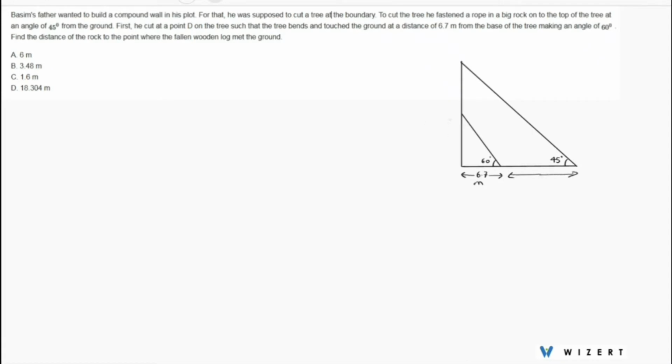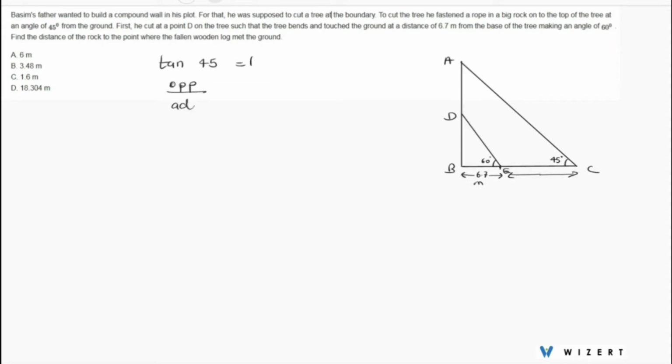Now let's name this. This is D. Let this be A, B, C. D is here, and let this be E. Now we know, since tan 45 is equal to 1, for angle C, tan is opposite upon adjacent.